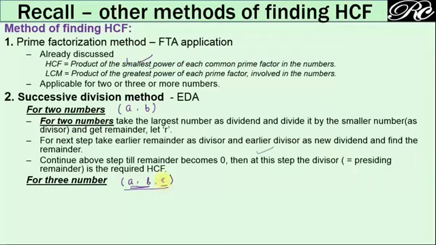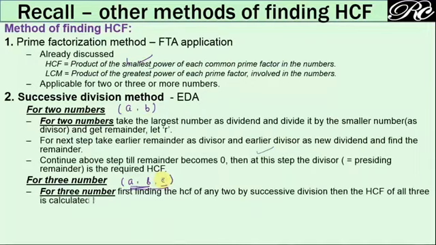This can be written as: for three numbers, first find the HCF of any two by successive division, then the HCF of all three is calculated by taking the HCF of the third number with the HCF of the two numbers calculated earlier.